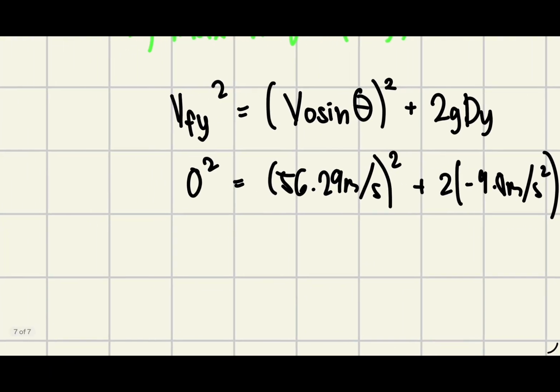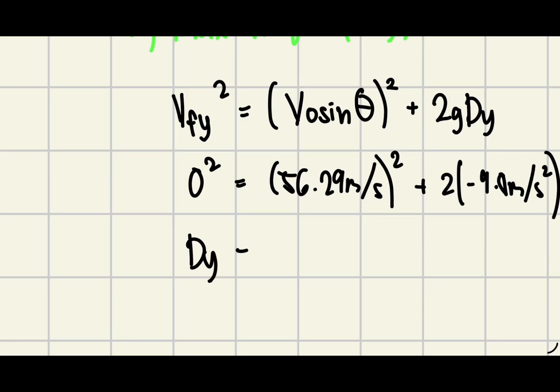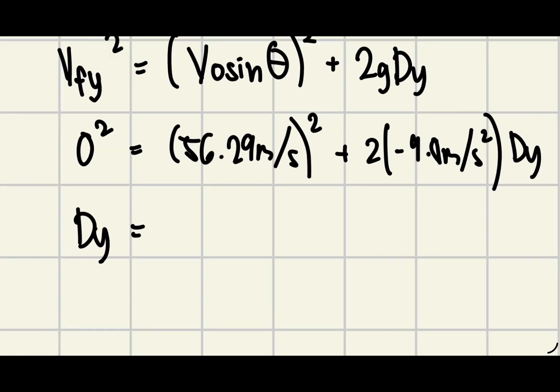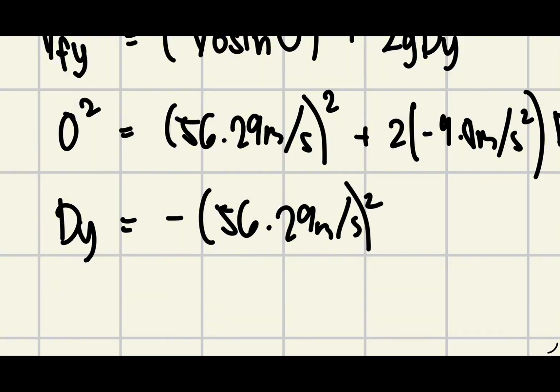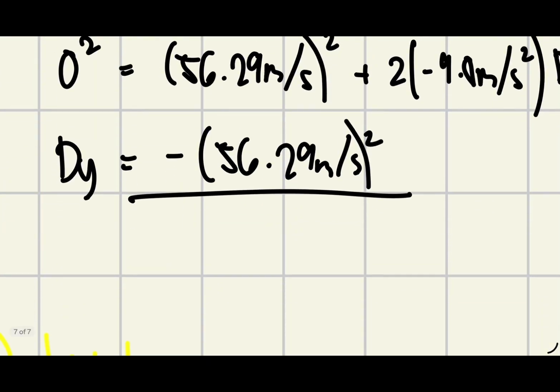So we can just put it in one side, then we can transpose and multiply, divide both sides, so we can get the answer. So that is just transpose 56.29 meters per second squared all over 2 multiplied by our gravitational acceleration.